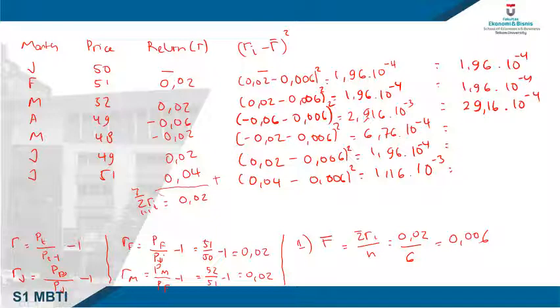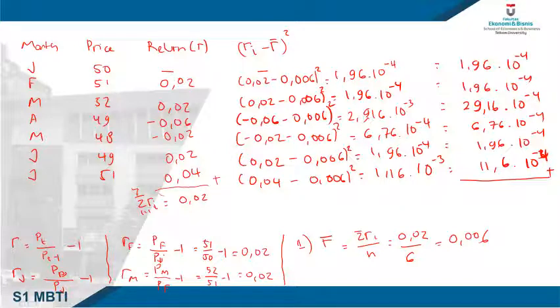Yeah, 2.916 times 10 to the minus 3 is the same as this. So this is also 6.76 times 10 to the minus 4, 1.96 times 10 to the minus 4, and here also 11.6. So we change here again.